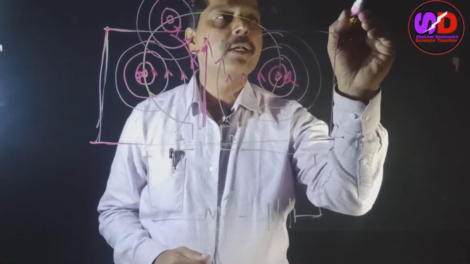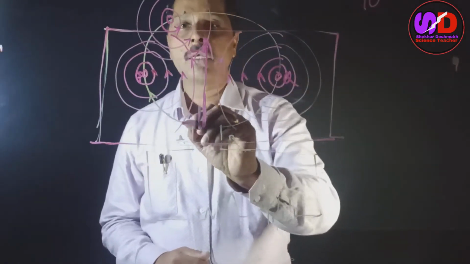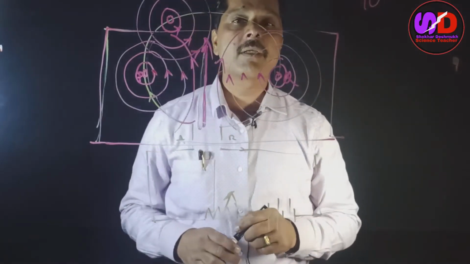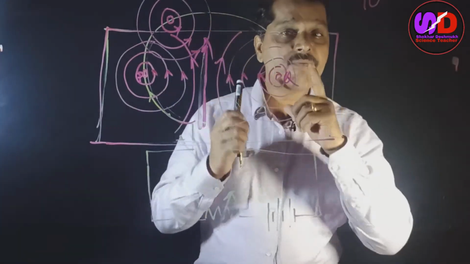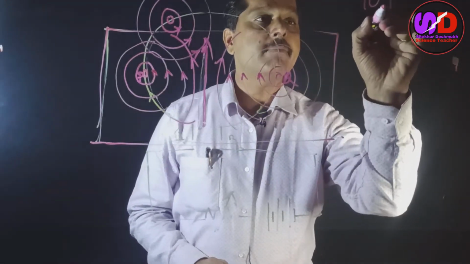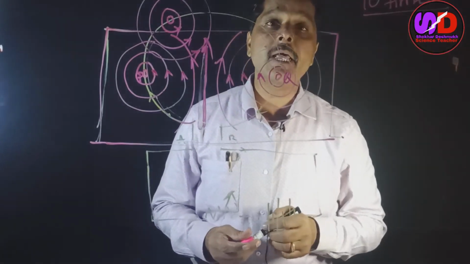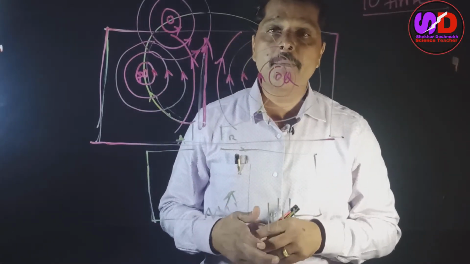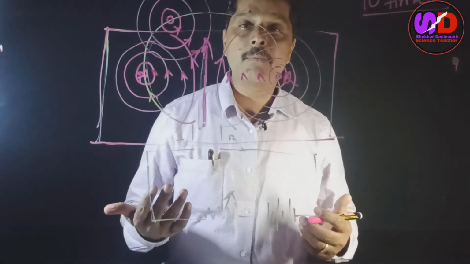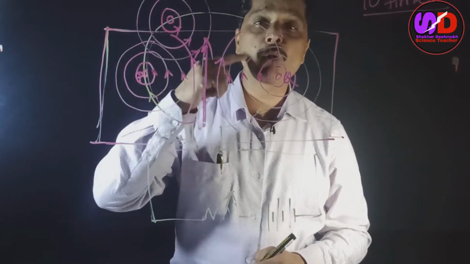If I take 10 loops instead of 1, like this, then the magnetic field produced due to those loops must be 10 times that produced by a single loop. So we can increase the magnetic field by increasing the number of turns, the number of loops.